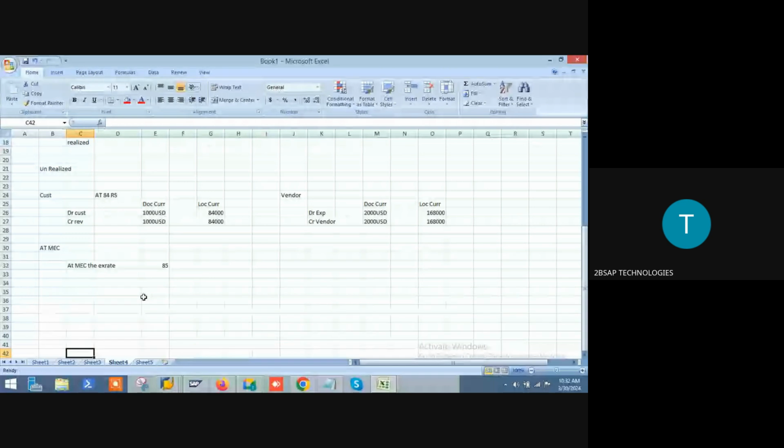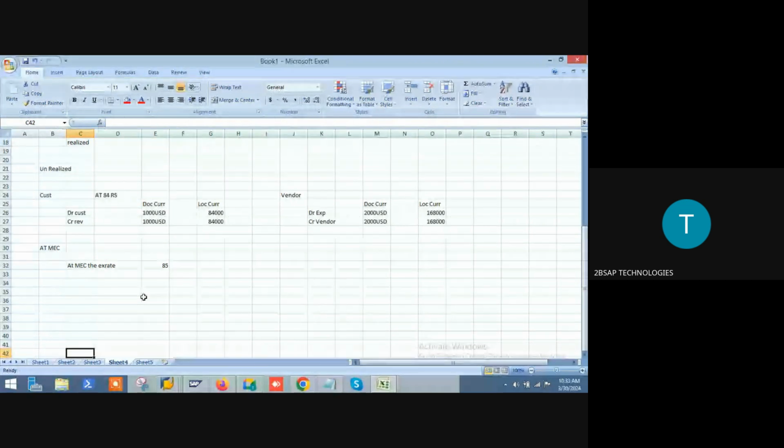So earlier, my customer income was 84,000 and my payable was 1,68,000. But now because of this exchange rate fluctuation, my income is 85,000 and my outgoing payment is 1,70,000.